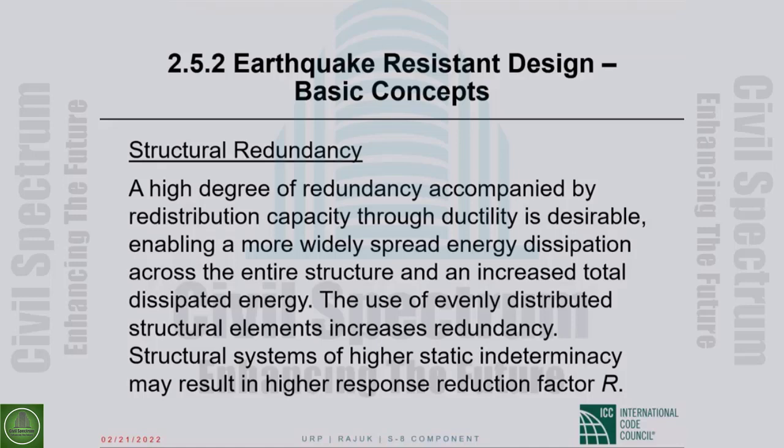And maybe to conserve time, I am tempted, but I will not go there. Enabling a more widely spread energy dissipation across the entire structure and an increased total dissipated energy. The use of evenly distributed structural elements increases redundancy.